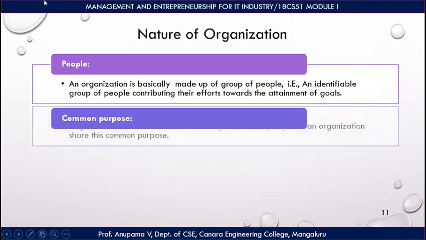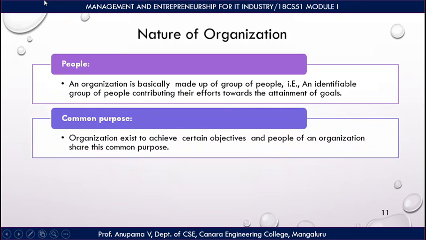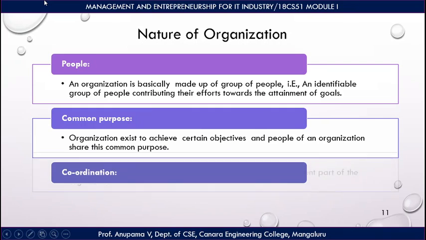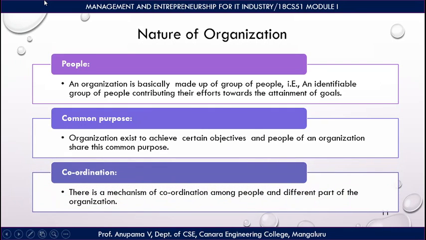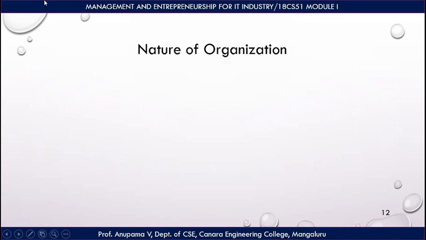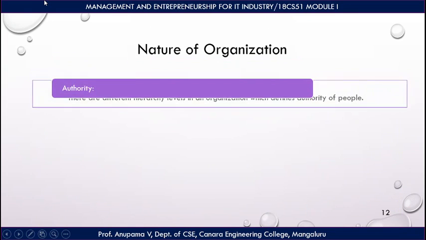Common purpose. Organization exists to achieve certain objectives and the people of the organization share this common purpose or objective. Coordination. There is a mechanism of coordination among the people and different parts of the organization. Authority.